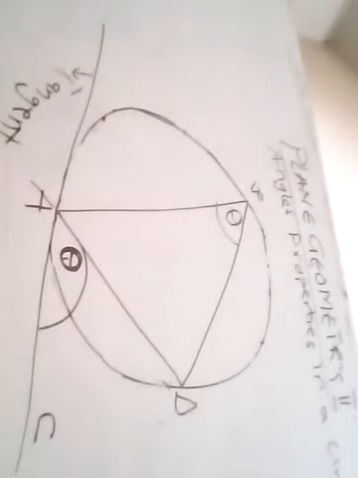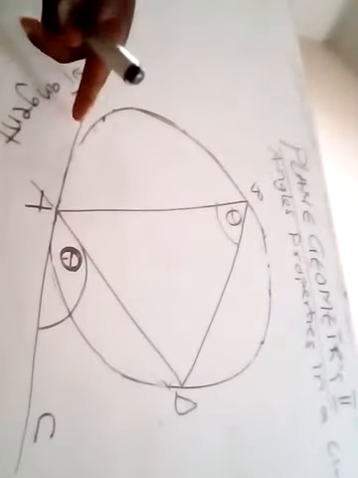Okay, property 7. The angle between a chord and a tangent at the end of the chord is equal to the angle in the alternate segment. So the angle in the other segment, not the one in which the first angle lies.